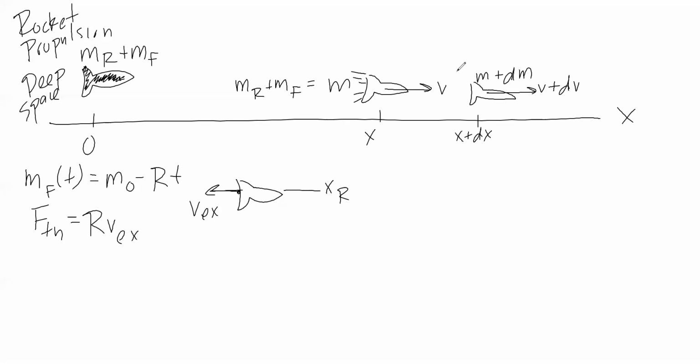We know the mass goes down, but we say m plus dm to theoretically show that the change in the mass is fixed inside the dm.